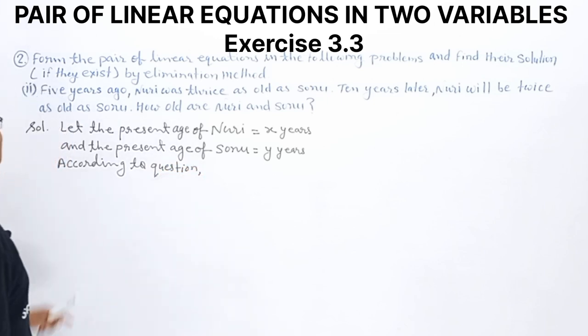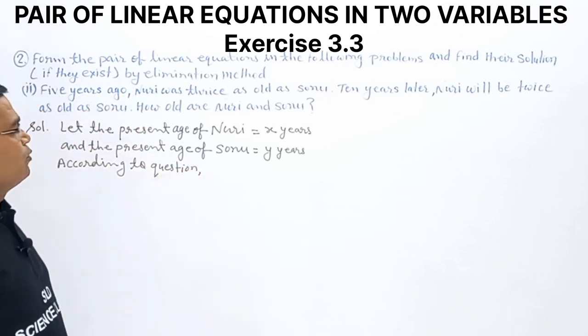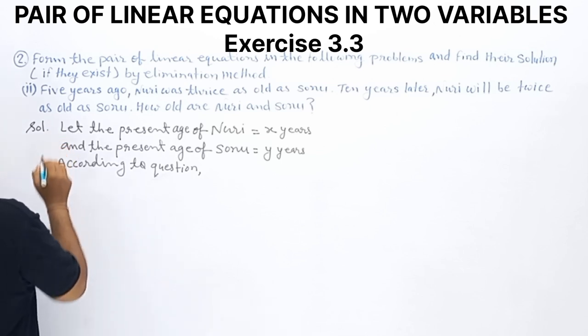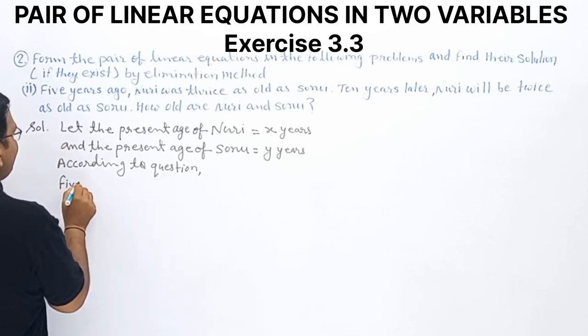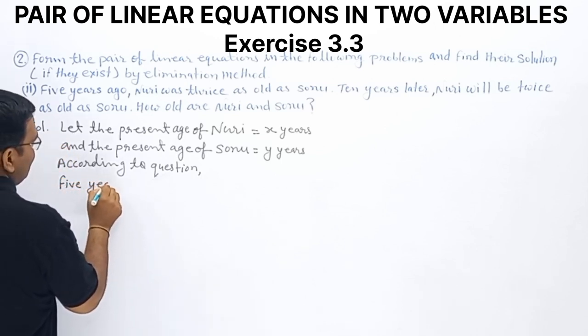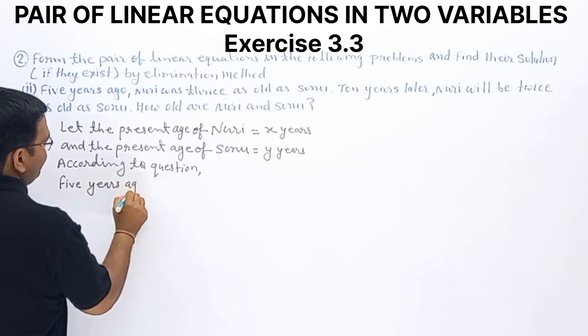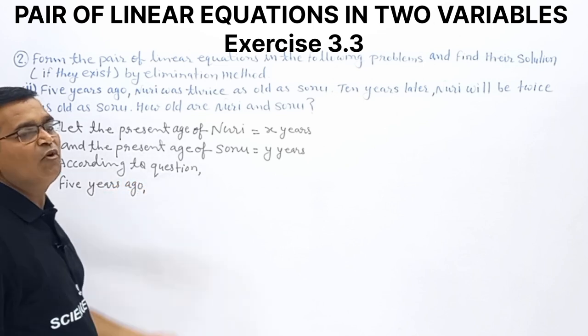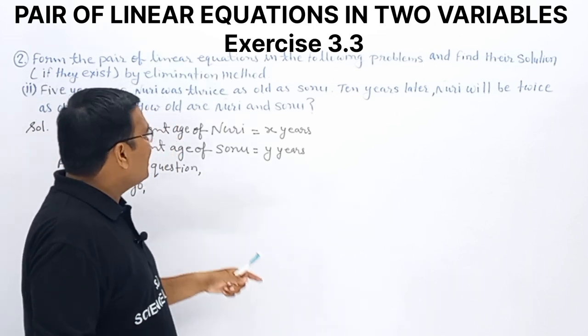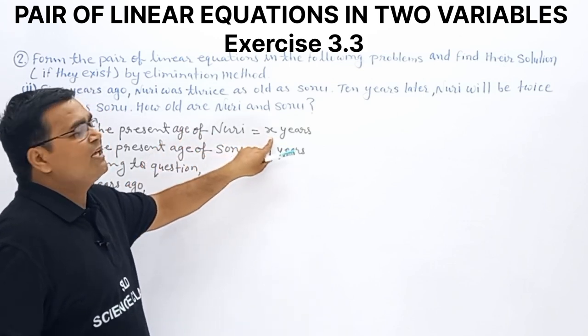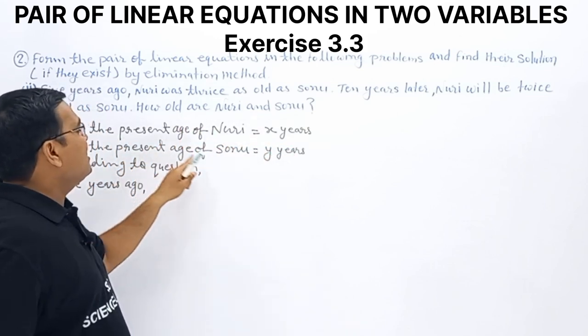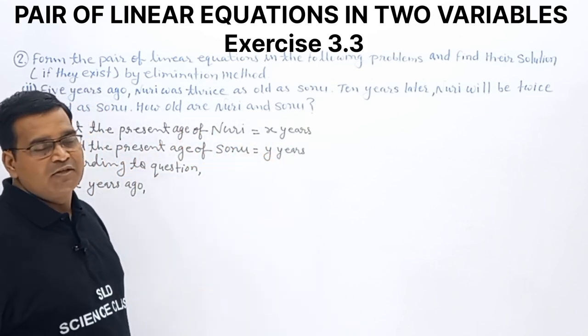what we are having? 5 years ago. It means before 5 years. The present age of Nuri we assumed is x years, and the present age of Sonu is y years.